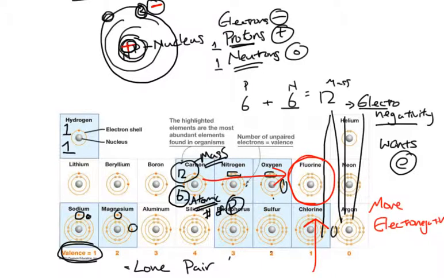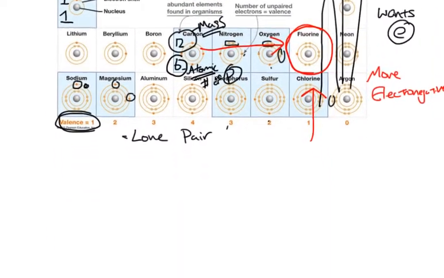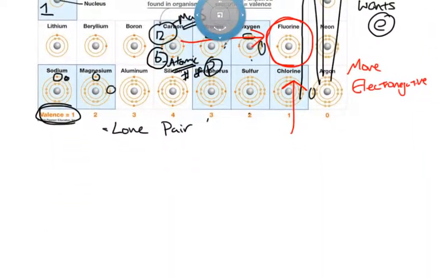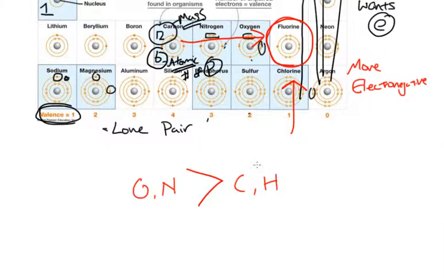For all intents and purposes, because you won't go into that many atoms in this course, the thing to know, and I would take careful remark of it, is that oxygen and nitrogen are much more electronegative than carbon and hydrogen.